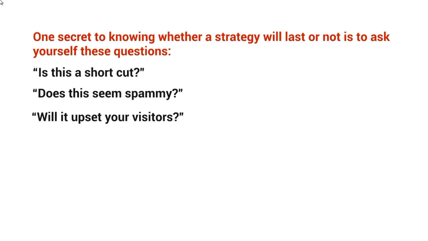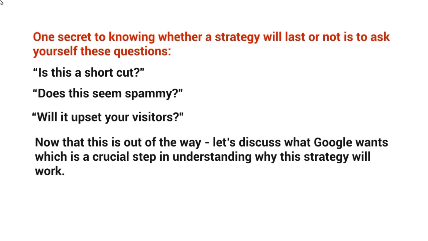Google is not going to like what you're doing, because they care more about the people that go to Google or go to YouTube and type in a keyword. They care more about them because they are who they are catering to, essentially. So now that that is out of the way, let's discuss what Google wants, which is really the crucial step in understanding why the strategy will work.